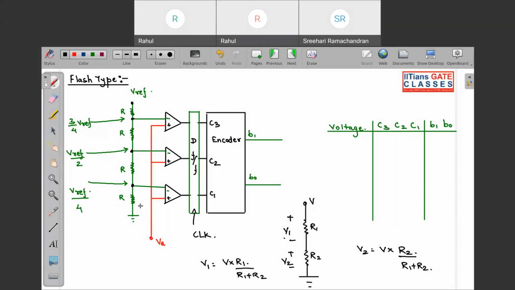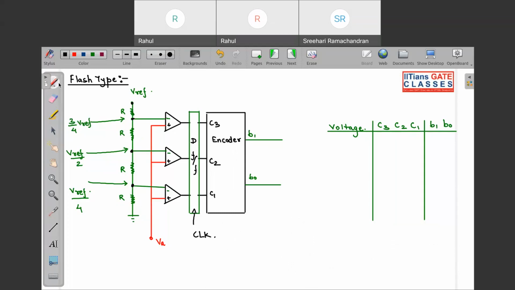Same thing I have applied over here. Okay, so now you can see I have divided the voltages, and this VA is basically your input analog voltage.